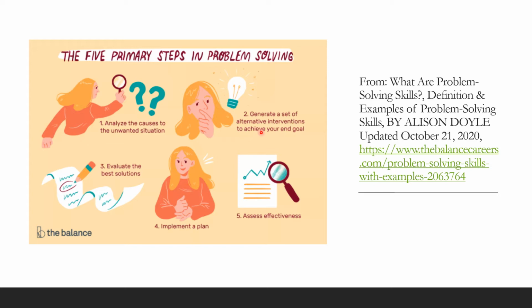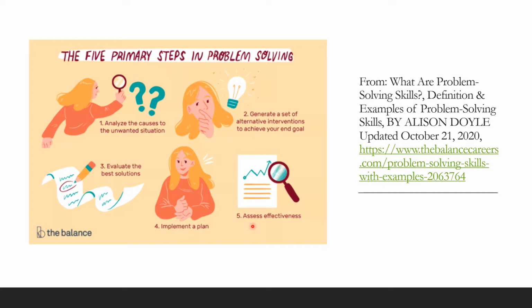So if you are initiating an event and then there is a sudden blackout, what are all the alternative interventions that you should do to achieve your end goal? Okay, number three, evaluate the best solution. So it's not only one intervention, but you should have many of them. And then you need to evaluate which of those is better to use. Number four, implement a plan.